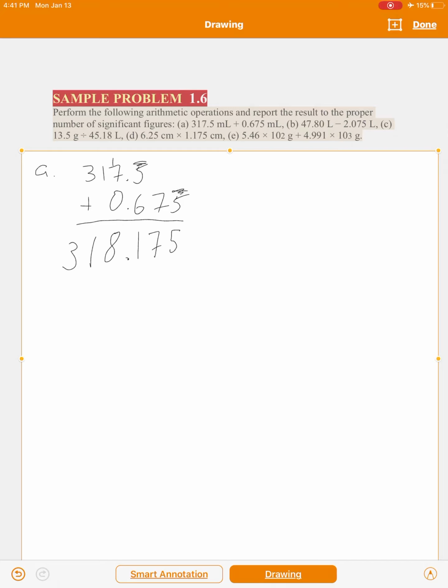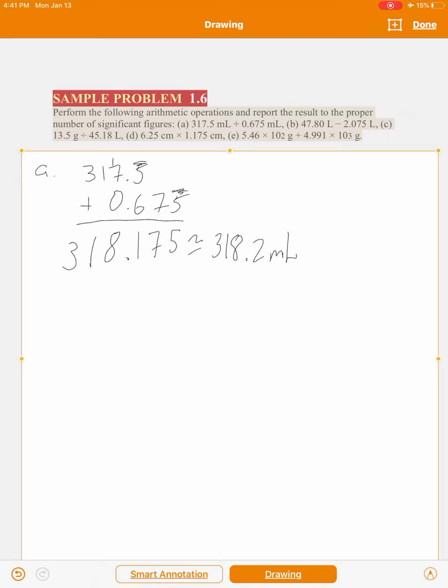Our answer can only go out to the tenths because the first measurement, 317.5, only goes out to the tenths. So we would stop with the 1, but the number that comes after it is 5 or greater, so we round it up to a 2. So this becomes 318.2 milliliters. So that's addition subtraction.